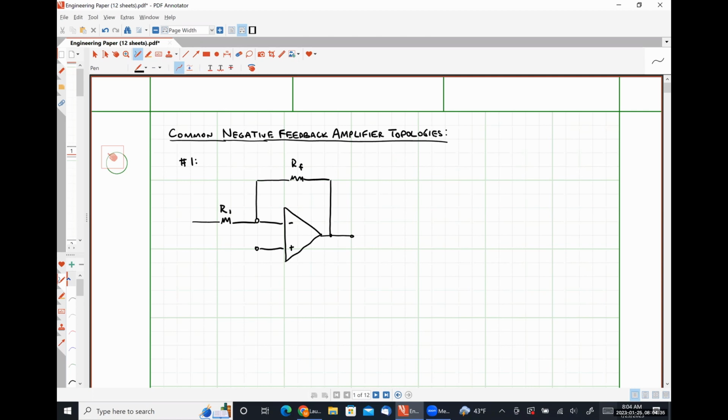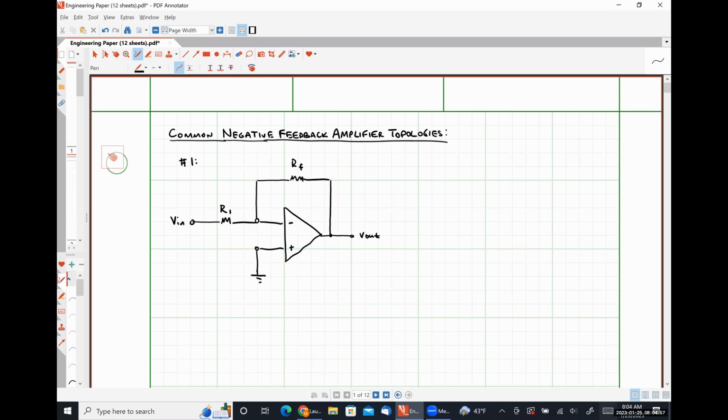Some resistance R1. We're going to apply some input voltage at that leg of R1, and our non-inverting input terminal is grounded, and we're trying to determine the relationship between our input voltage and our output voltage.